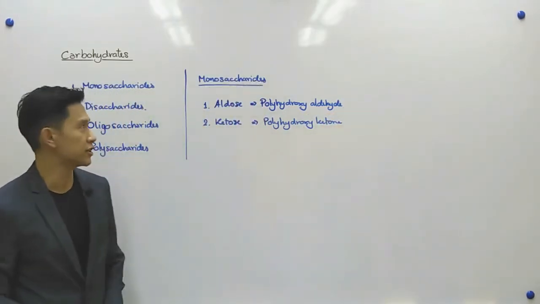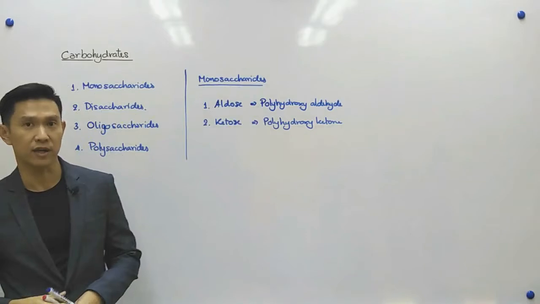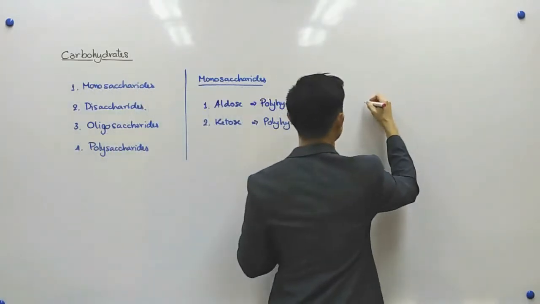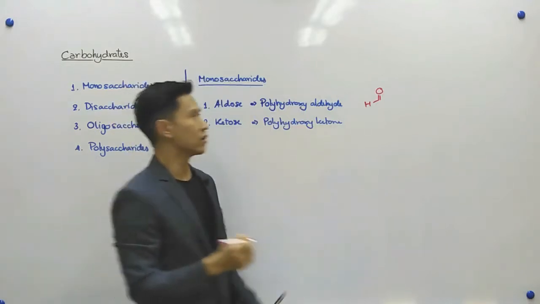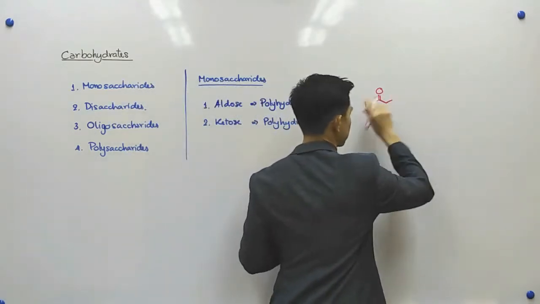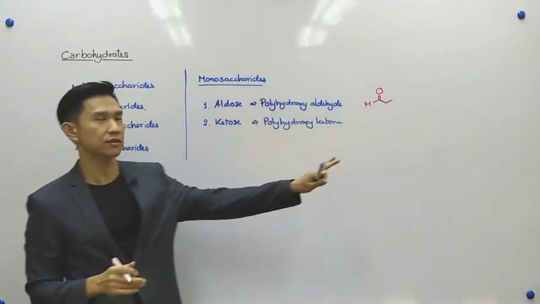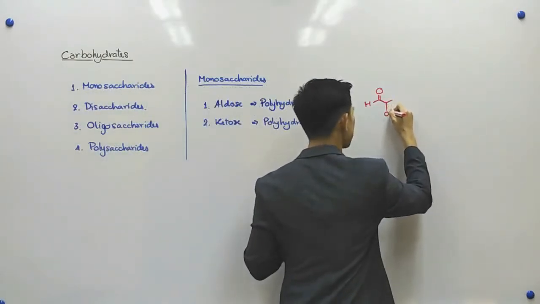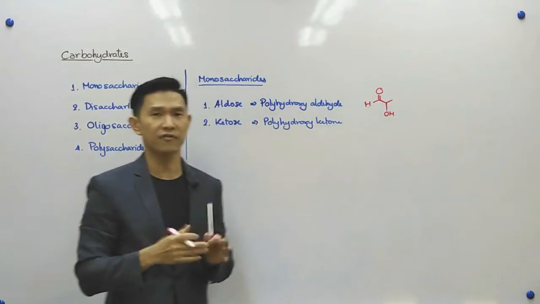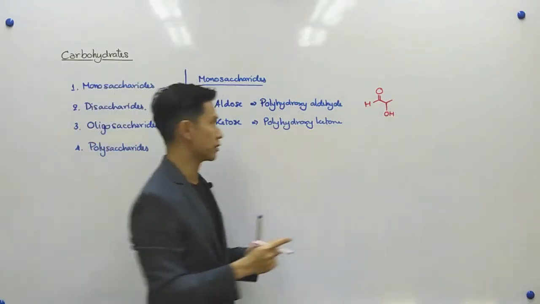So the structure is very simple. For polyhydroxyaldehyde, for example, you have the aldehyde unit like this, and then many carbons on the right as a tail. Almost every carbon, in conventional carbohydrates, contains one OH group, like this.